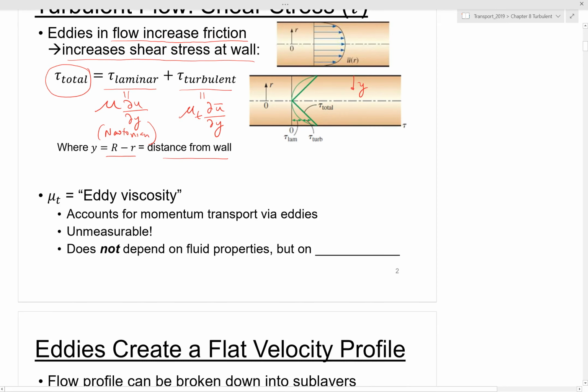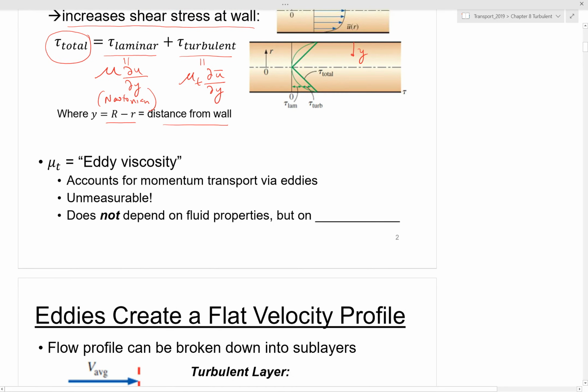And here is the concept. So mu t, again eddy viscosity, accounts for momentum transport via eddies. Eddy motion is very high at the core of flows and low or near zero near or at the wall.